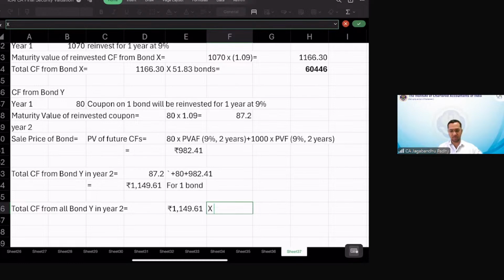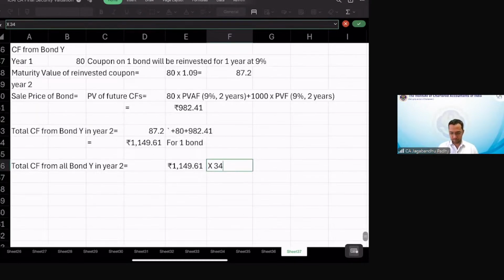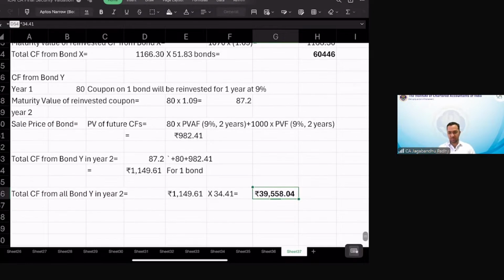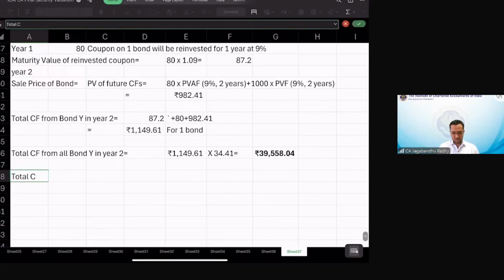What's the number of bonds we have from Y? 34.41. So just check 1149 into 34.41. That's 39,558.04.